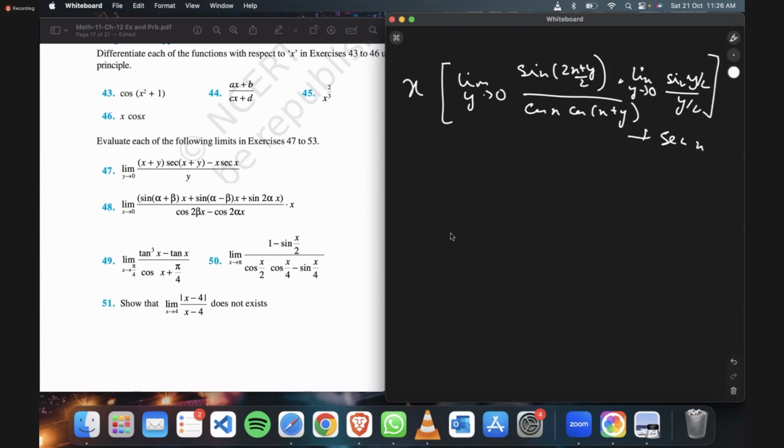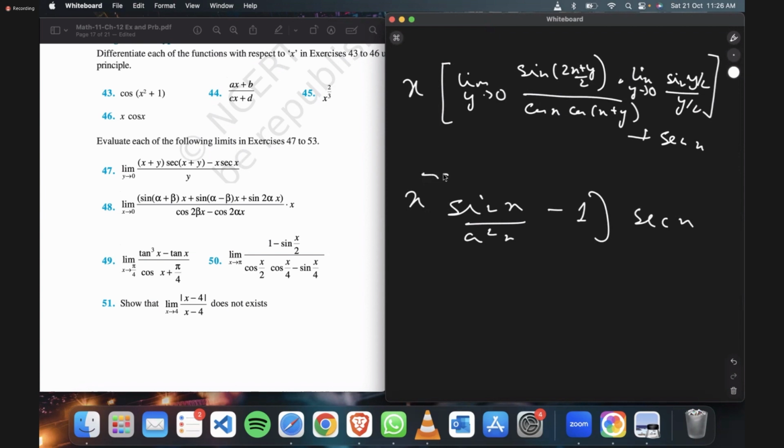That is constant. Now if we put y equal to 0, we'll be left with x times sin x upon cos x, so cos squared x, minus 1 times sec x.